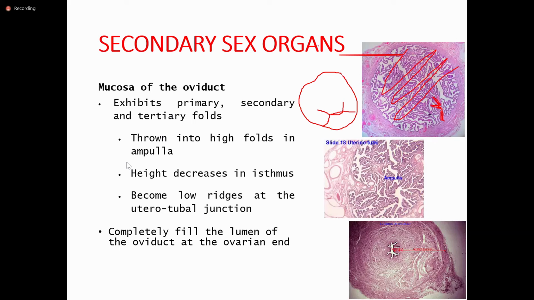All right, and as we have the different portions of the oviduct from the ampulla to isthmus, the height of these folds decreases. No? Kaya mas makikita mo yung lumen. Like this one, meron na tayong visible na lumen here. Therefore, we are now in the isthmus. Unlike this one, wala tayong makita. Kaya ito ay, ano to?